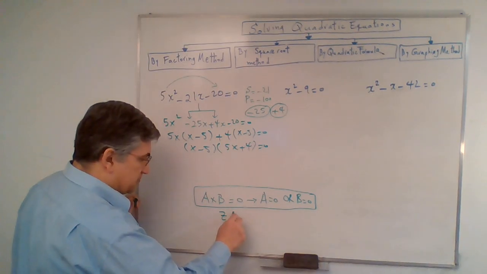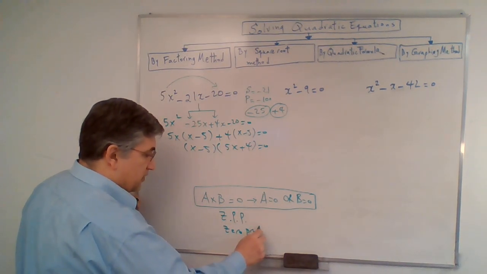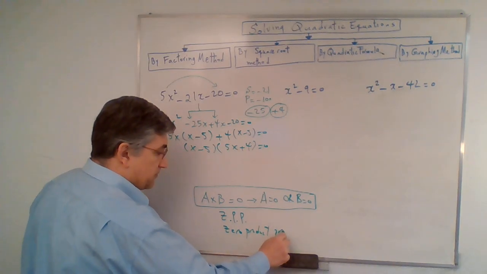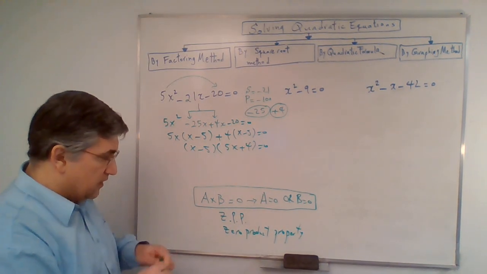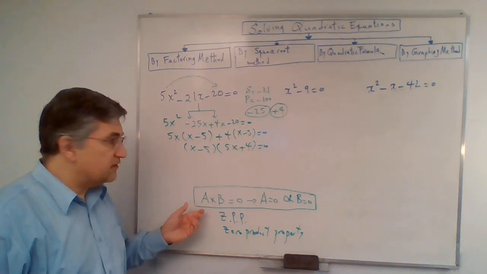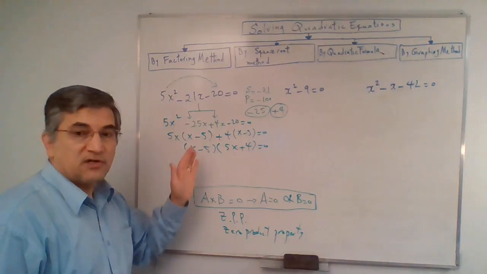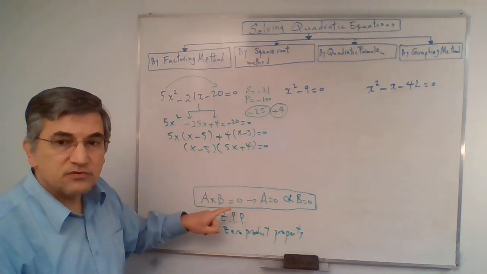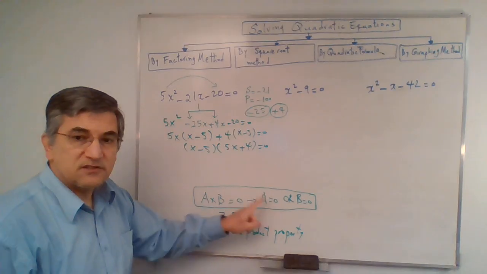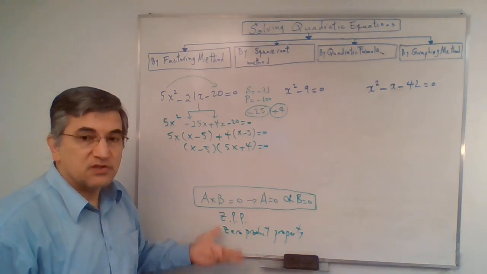So ZPP, zero product property, which is actually the foundation of this method. We are saying that if the product of two binomials, or the product of a monomial and a binomial, or generally the product of two numbers, is equal to 0, then in that case either the first or the second number or term must be equal to 0.